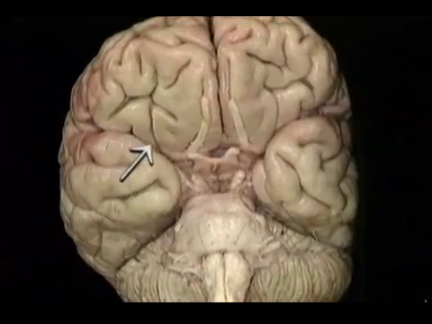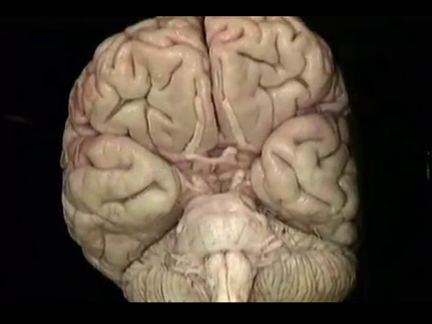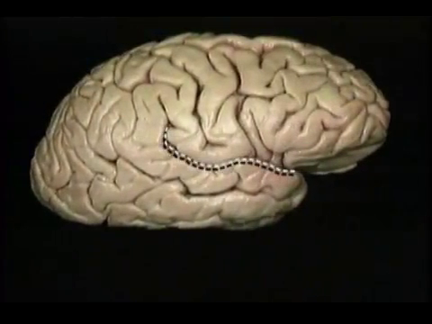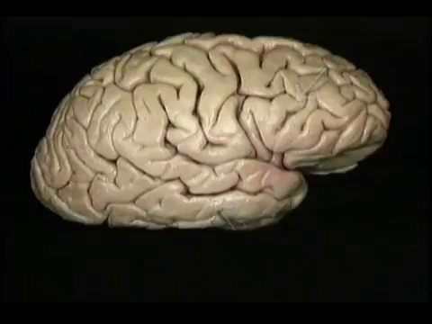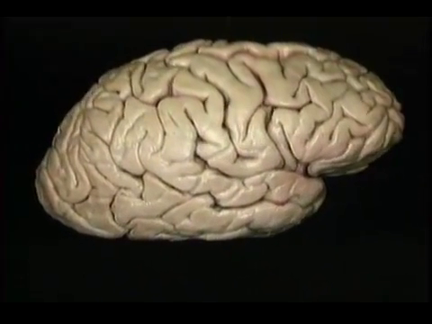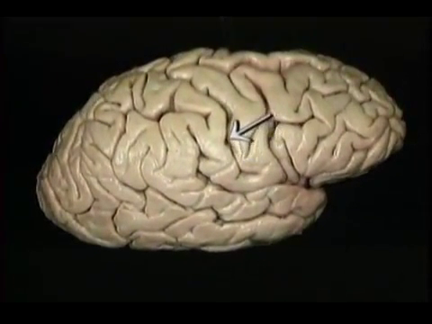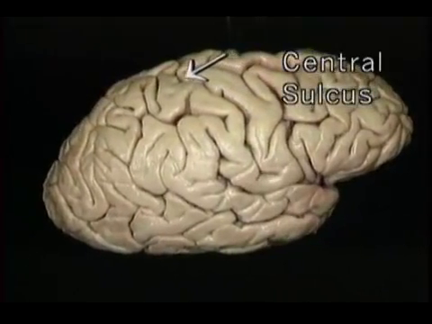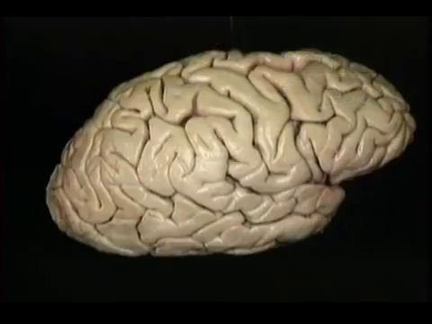Here's the medial end of the lateral sulcus in the intact brain. The lateral sulcus separates the frontal lobe above from the temporal lobe below. This long sulcus running upwards and backwards is the central sulcus. It's the only one that runs all the way to the medial surface of the hemisphere.